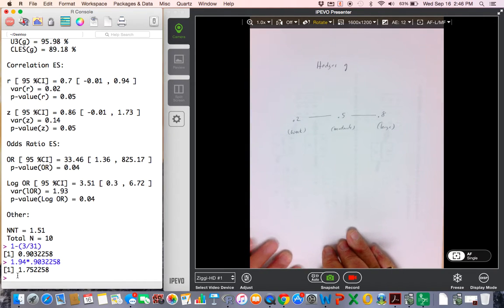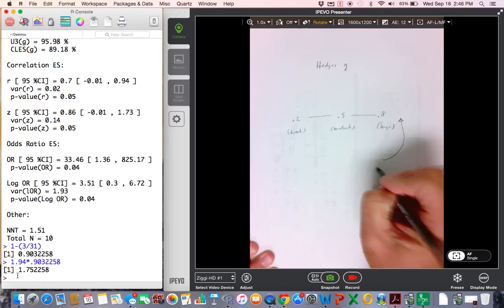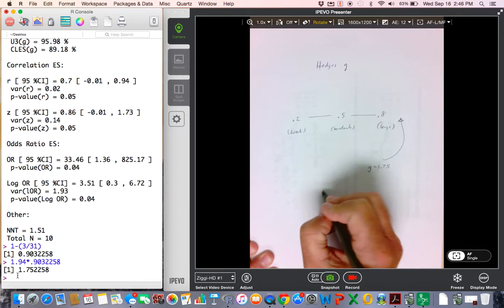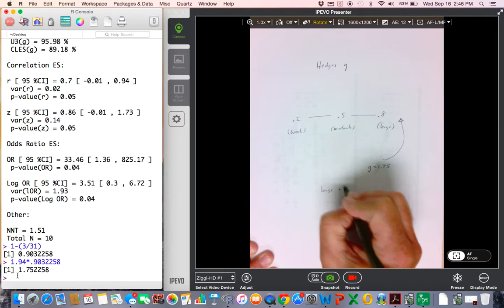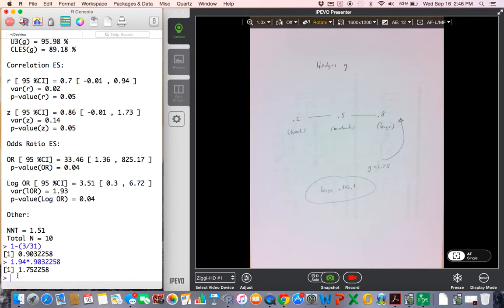Okay, so we had what was it? 1.75. So we can talk about a large effect.